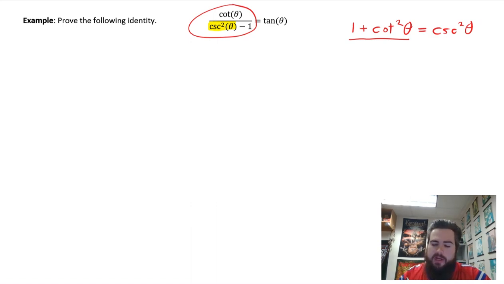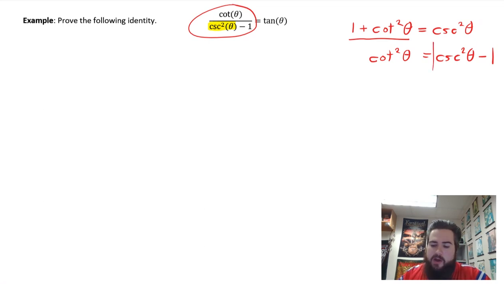Or, I also can note that if I were to subtract 1 on both the left and right side of this identity, I can say that cotangent squared of theta is equal to cosecant squared of theta minus 1, which is the expression that I have in my denominator of this identity.